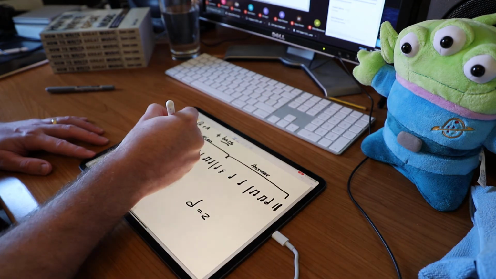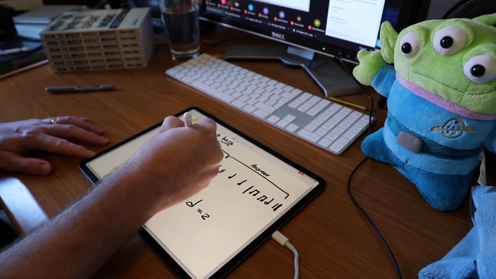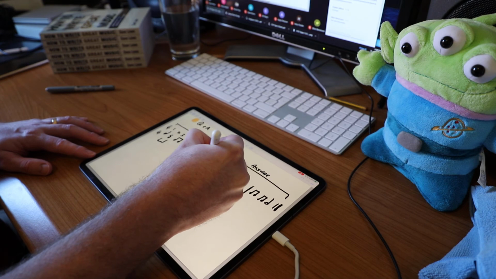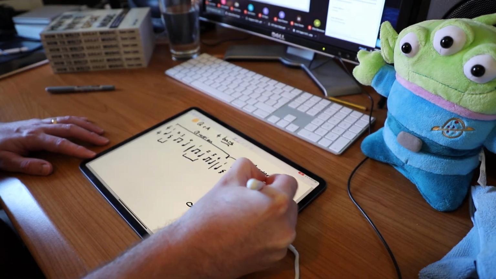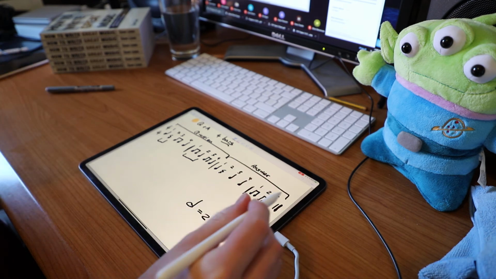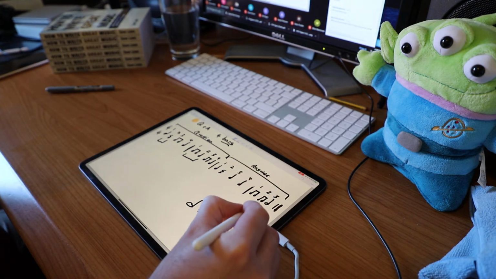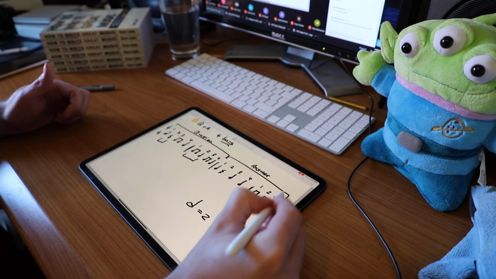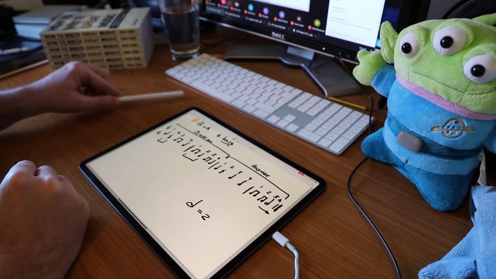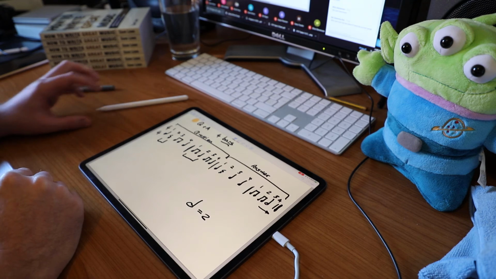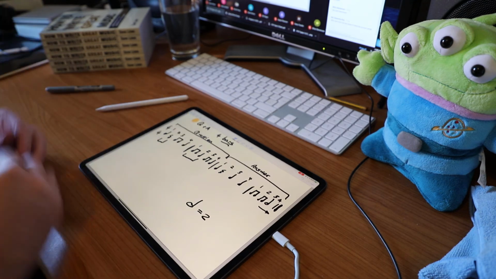So if these are the beats of the bar, 1, 2, 3, 4, 1, 2, 3, 4, 1, 2, 3, 4, 1, 2, 3, and then because that last note lasts for 2 beats, it will also last the 4th beat as well. So let me now clap this rhythm for you that is a question and answer.